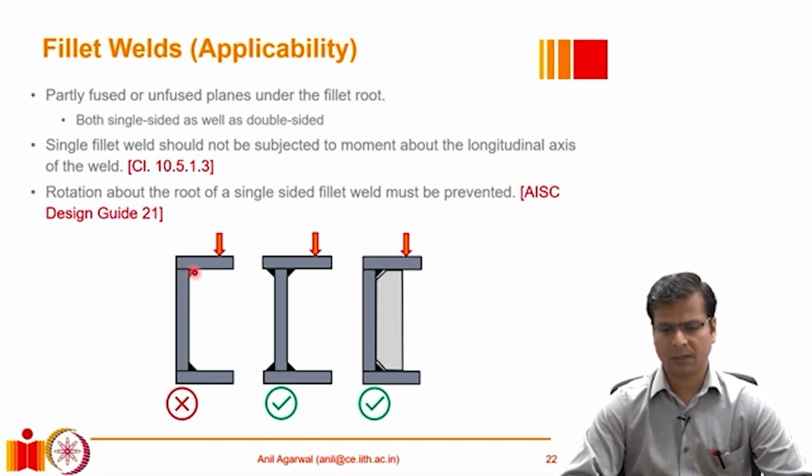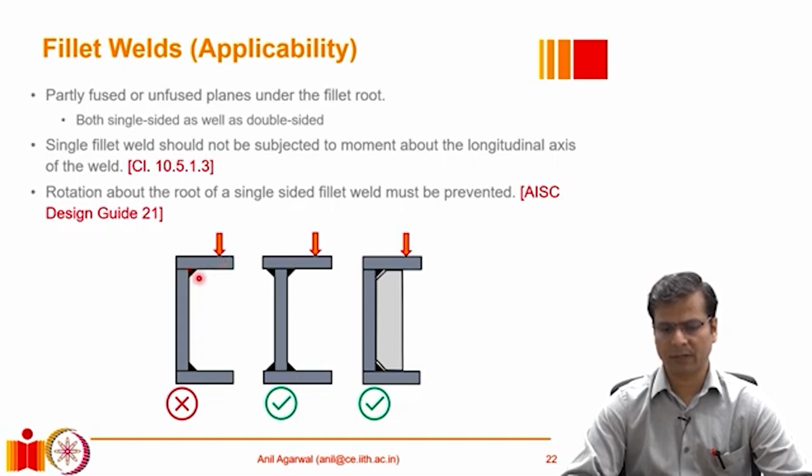Whether the welding is done on one side or on two sides, in both cases there will always be some portion of the surface which will not be fused together, and that's where cracks can start. So we have to be mindful of situations where a crack can begin here, and make sure that such loading situations do not arise.